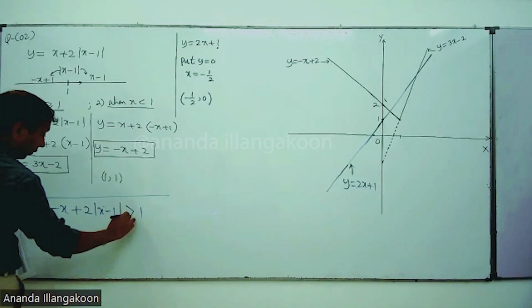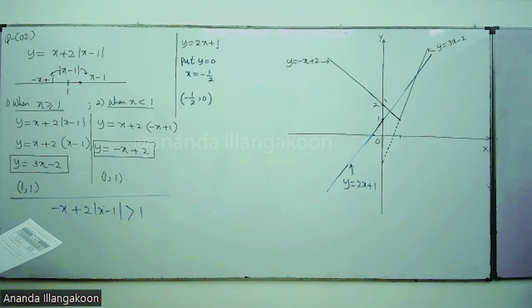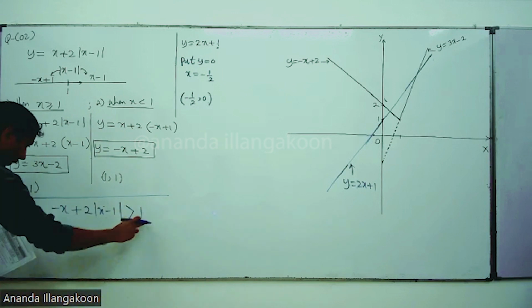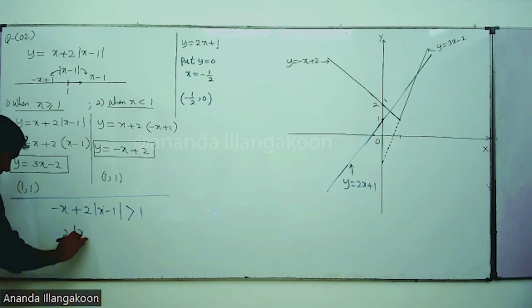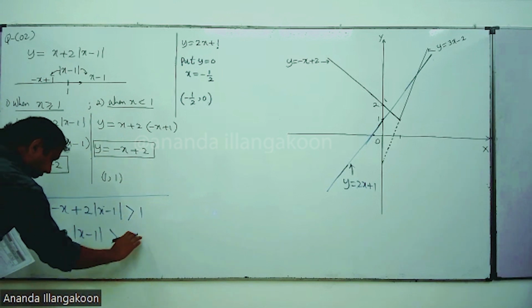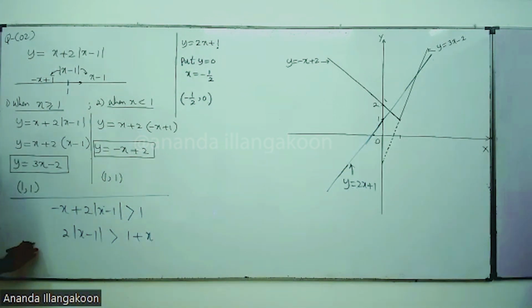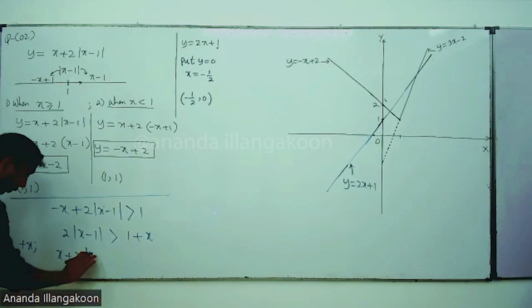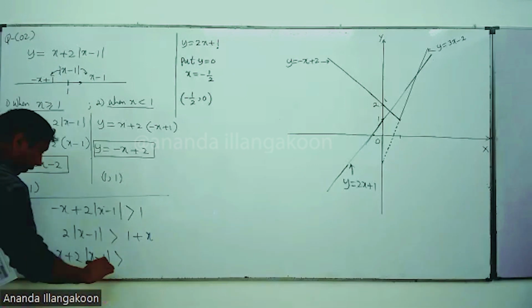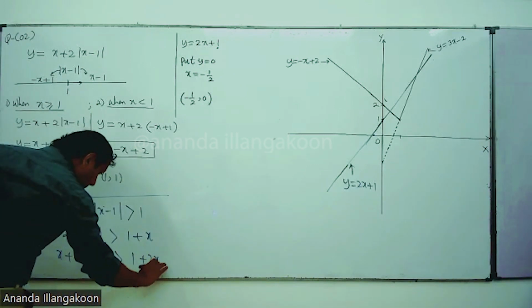This inequality is being asked. Now I can write it like this. We'll bring this minus 6 to the right hand side, 1 plus x coming. Now we'll add another x to both sides. We get x plus 2 times mod x minus 1 greater than 1 plus 2x. This is what we get.